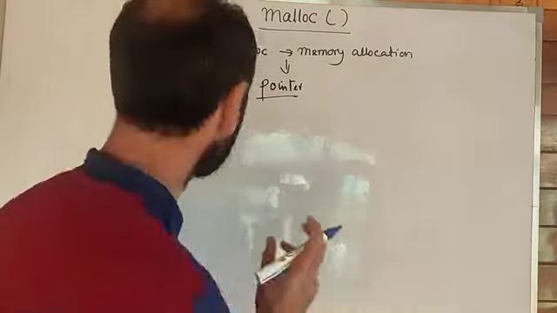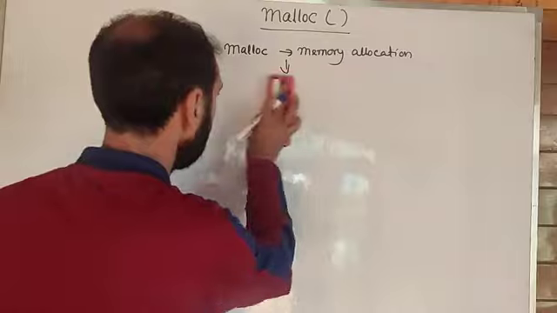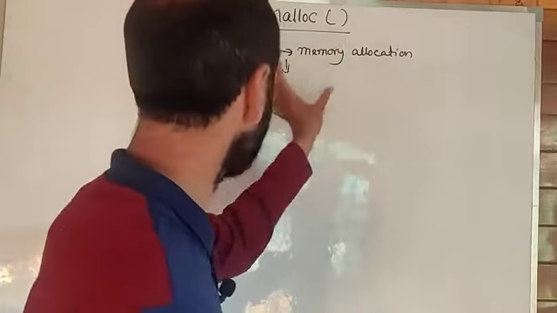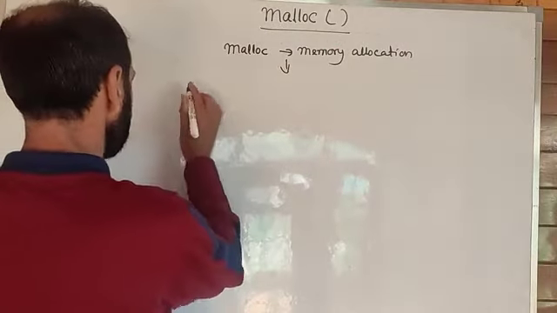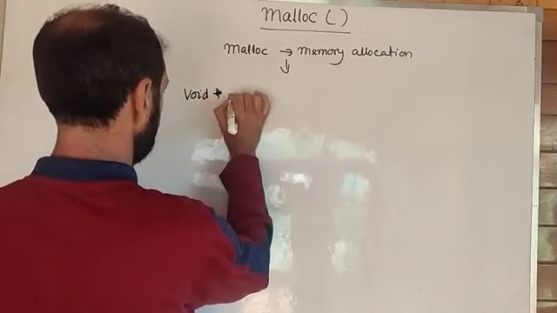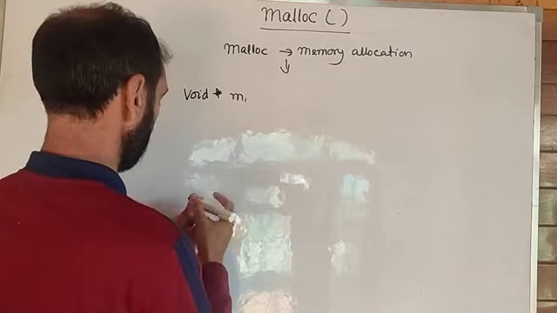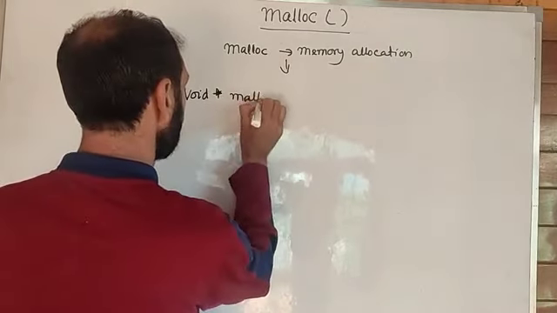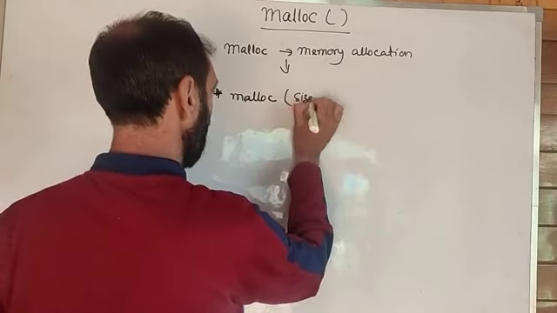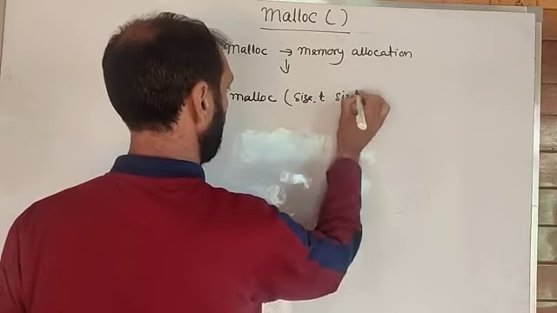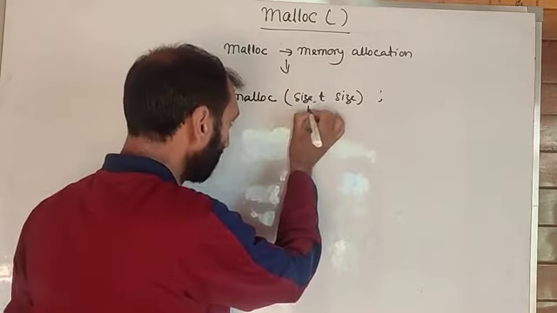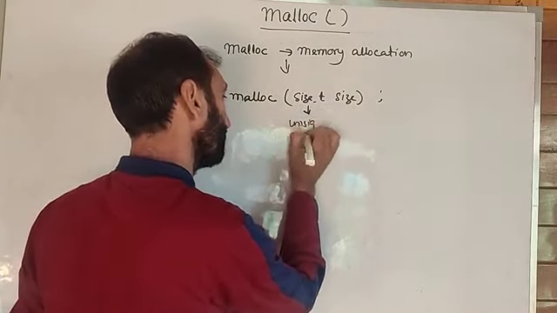So first of all, I will write the syntax of this malloc function. What is the syntax of malloc function? void pointer malloc, size_t size. This size_t means an unsigned value.